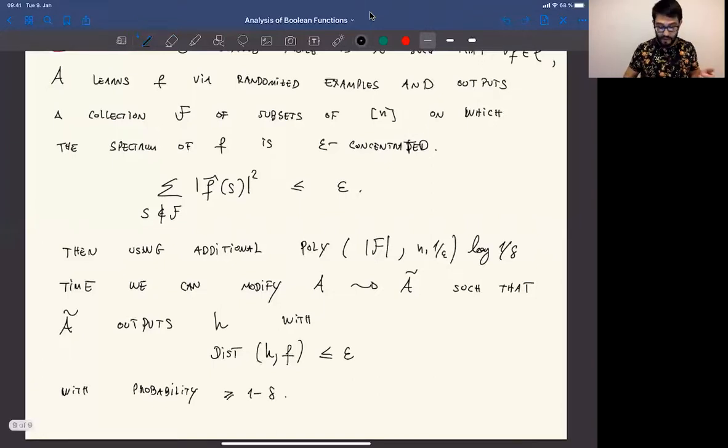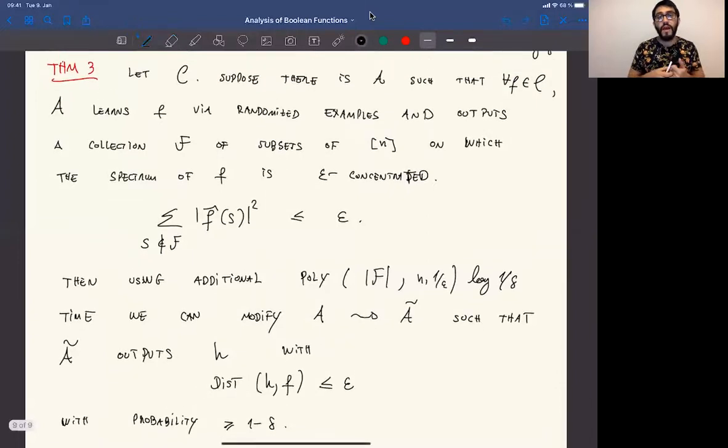Okay, so that's exactly what I said. So if you have some class and you have an algorithm that can learn that class somehow, you don't know how yet, and for every function produce a collection of sets such that the spectrum of the function is concentrated in that set F, that is, the sum on the complement is small, then you can actually produce a function H that is close to it.